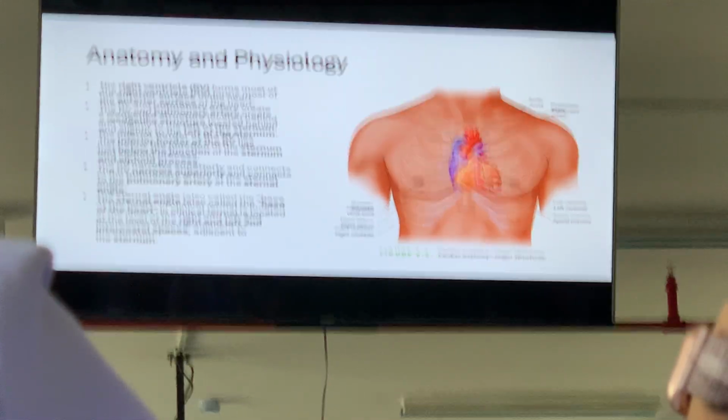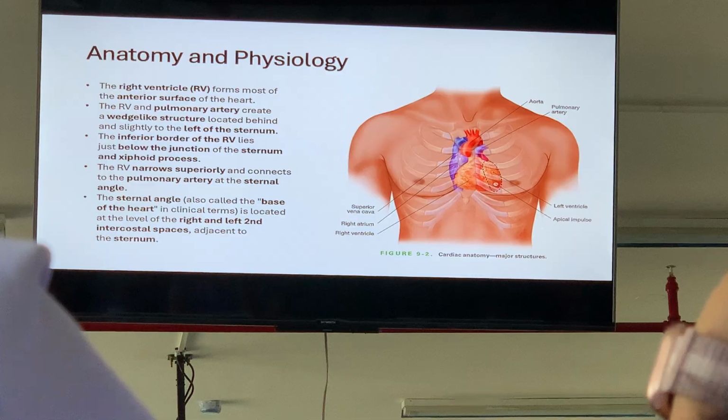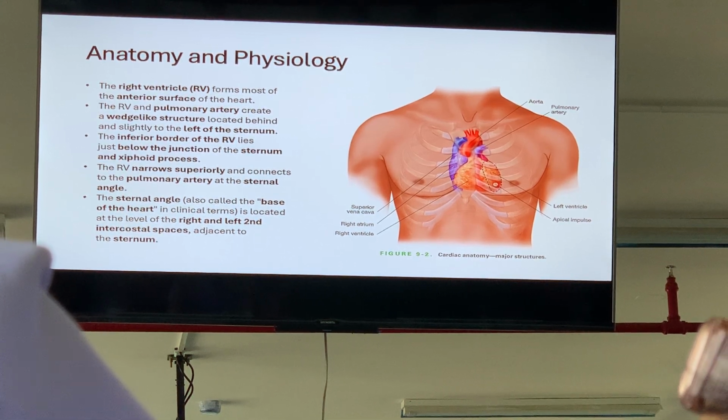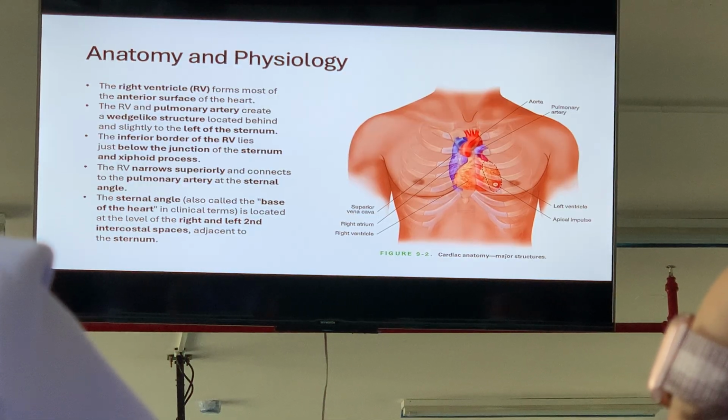Cardiovascular system. So first we will touch on the anatomy and the physiology of the cardiovascular system. As you see, the heart's anterior surface is mainly formed by the right ventricle. The right ventricle and the pulmonary artery create a wedge-like structure slightly to the left of the sternum.